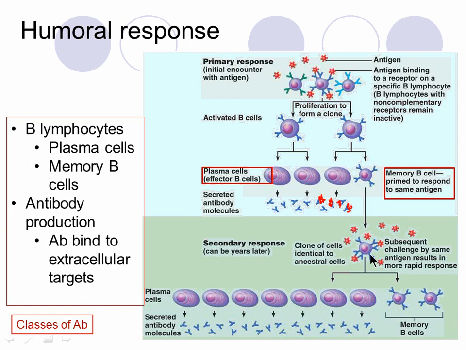Now that memory cell quickly recognizes that antigen, and the response is much faster, and it produces cloning again. Of this, many of them become plasma cells, and again you have a few which will become memory cells. So can you see that the memory cell line keeps on being propagated, so that you don't have only one set of memory cells who have to do the job all the time.